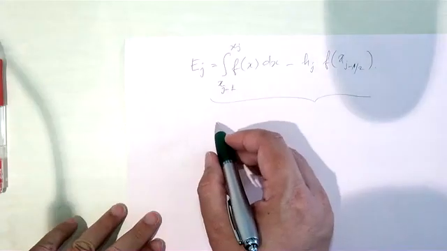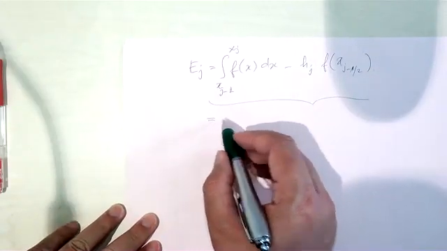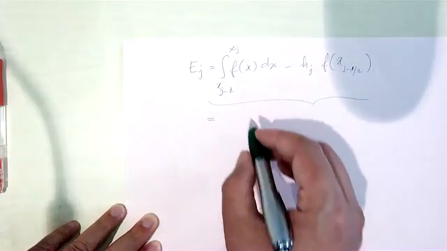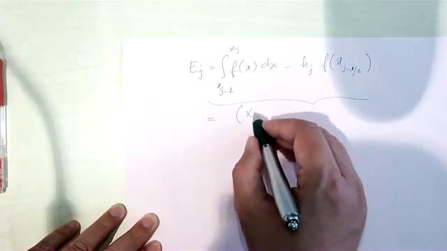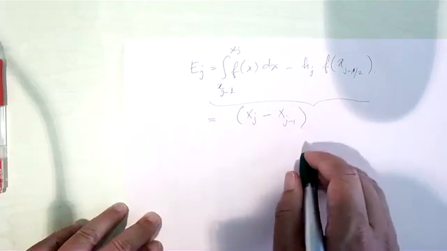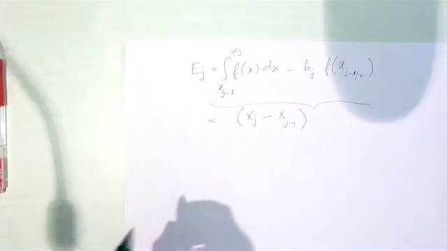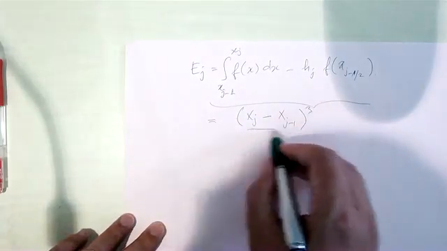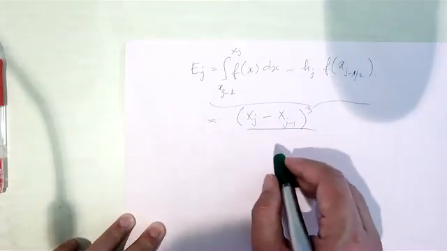When we apply it to this case, B and A will be xj and xj minus 1, the difference cubed, divided by 24.